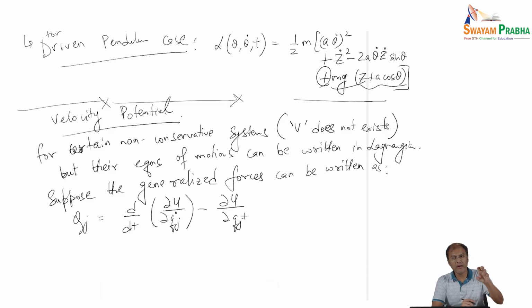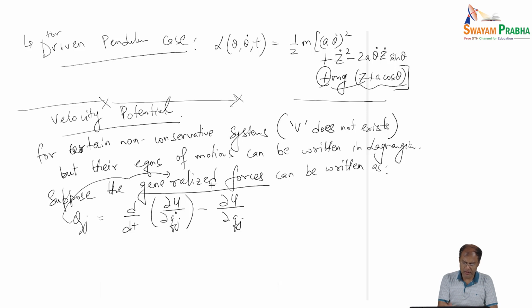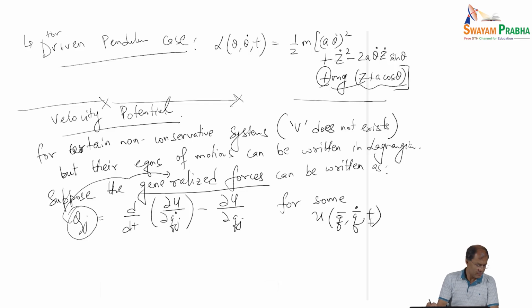So I am forcibly introducing a new quantity capital U, which is the velocity potential, and this form is equal to the generalized forces Q_j. Now this is for some U which is a function of q, q dot, t.